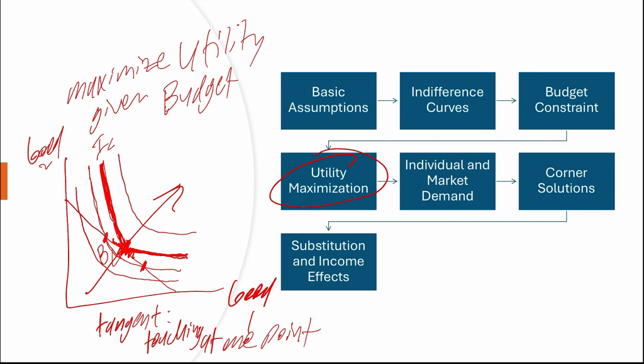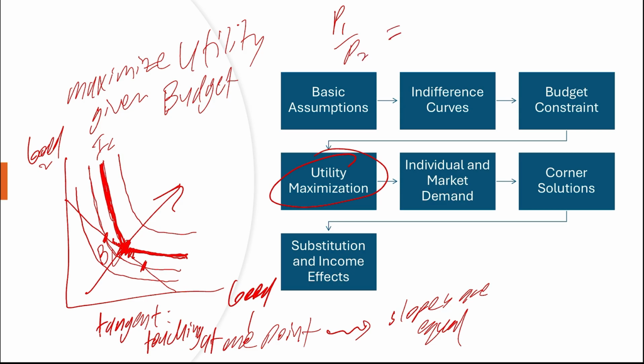And so the other thing that we know is if it's touching at one point, we know that the slopes are equal. That's sort of a calculus thing. And so what we're going to see is that at this optimal point, the slopes are equal. And the slope of our budget line is just the ratio of prices.